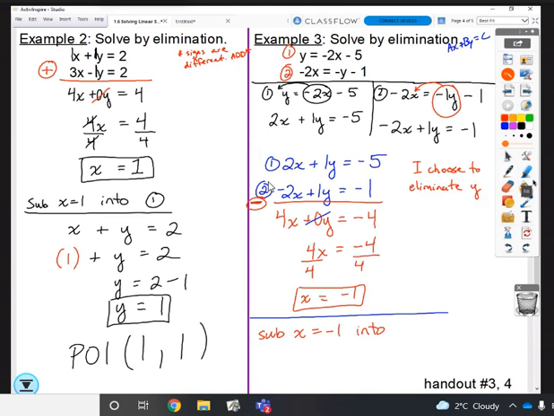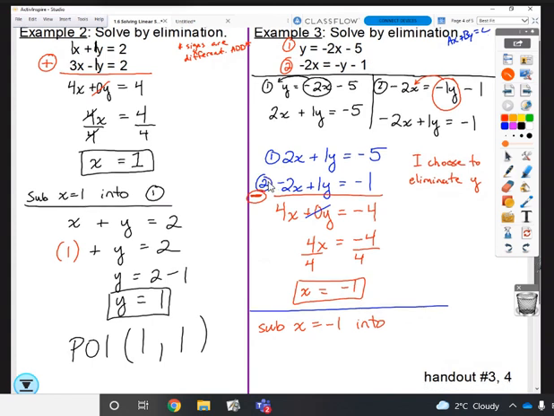We have the original 1 and 2, and we also have the rearranged 1 and 2. The best rule of thumb here is to just always refer back to the original equations. That's just the best idea. So either this equation 1 or this equation 2. And I think I'm going to choose 1 because y is already isolated for us. It's nice. So y equals negative 2x minus 5.